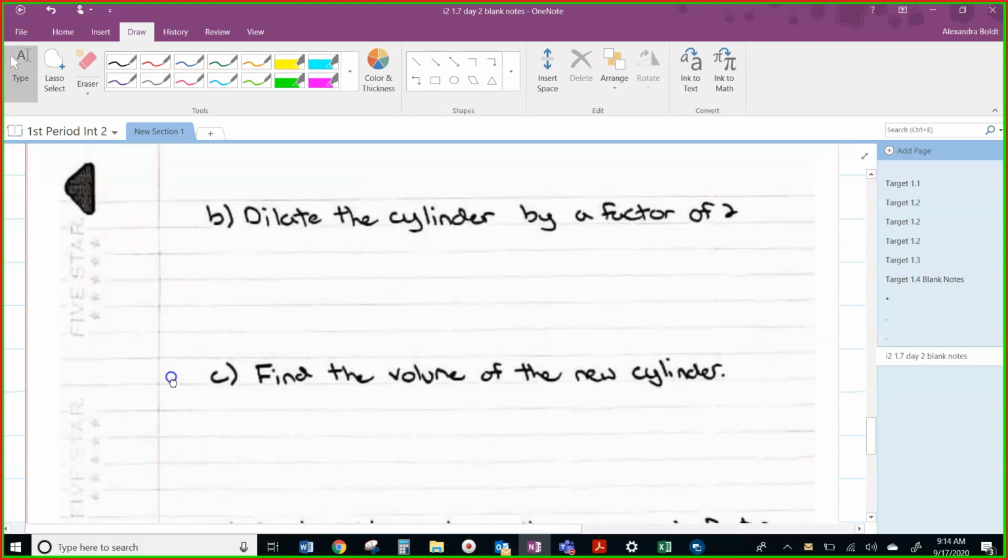So if we look at part B, I'm now going to dilate the cylinder by a factor of 2, right? So now we're connecting this back to our similarity. Okay. Well, if I'm dilating it by a factor of 2, our radius was 4.